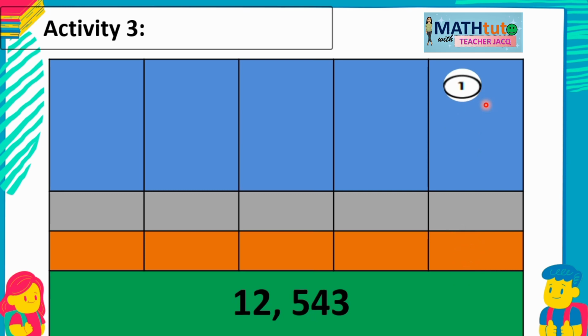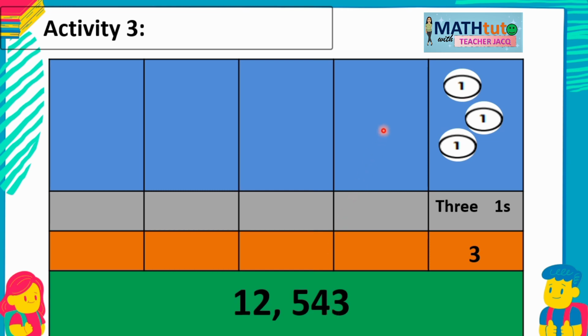So 1, 2, 3. And then we will write 3 ones. So 3 times 1 is equal to 3. And then on the next column is the tens place value. So we have 4.